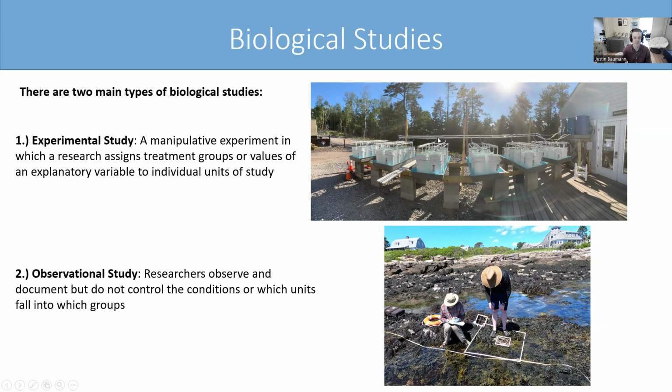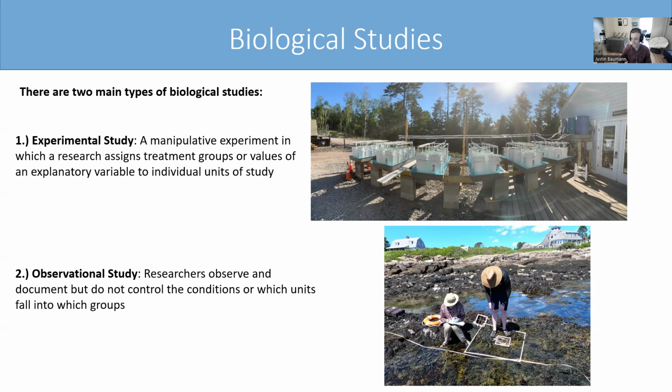So experimental studies are highly manipulative versus observational studies, where in this case, Sam and Liam here are basically just saying, like, what's the difference in intertidal community diversity and structure across a whole bunch of intertidal ecosystems in the Gulf of Maine? So they went out, drove their vehicle out to all these different places in Maine, and they just threw down some transects and some quadrats and just quantified everything.